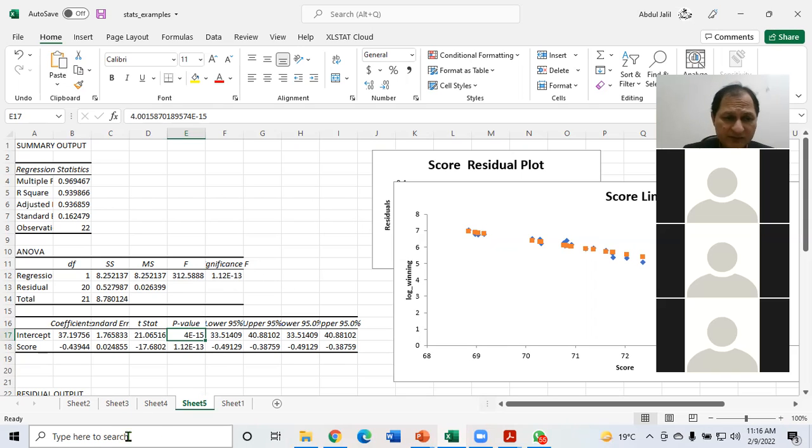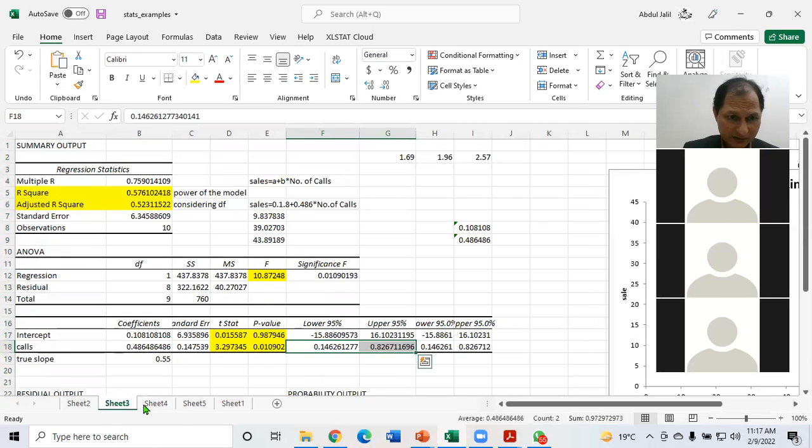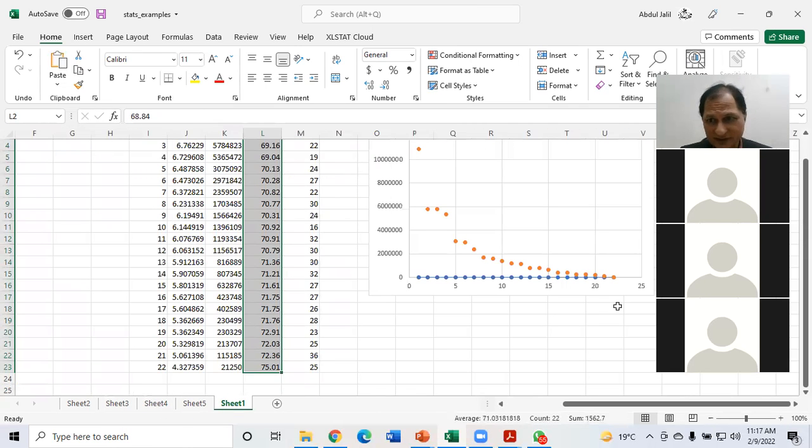Just like in the previous example, we observed winning prices are depending on scores. The example related to the results we are discussing, right? The data set. I think this one is the data set.